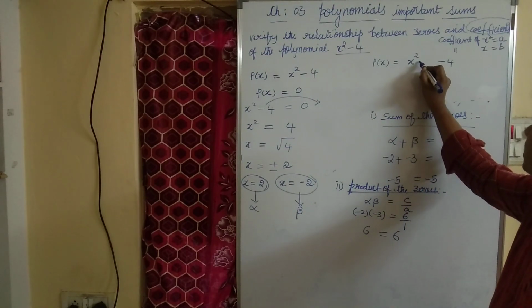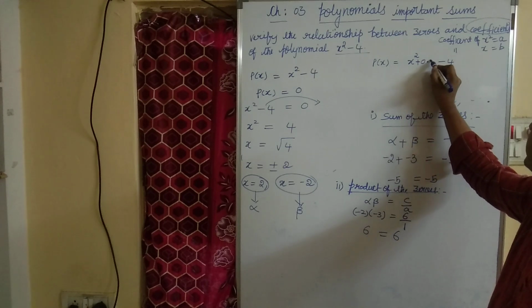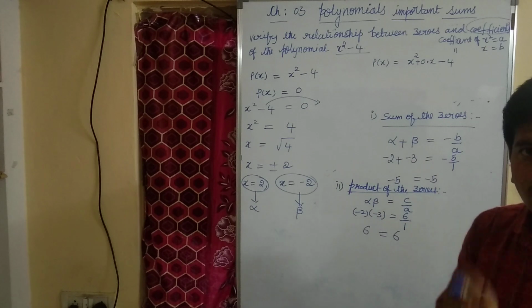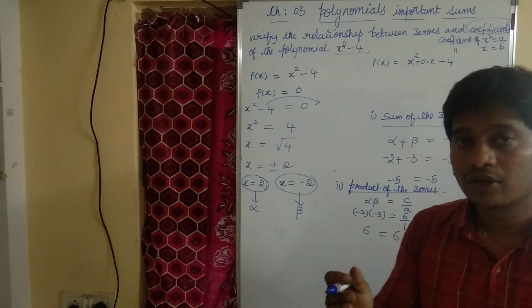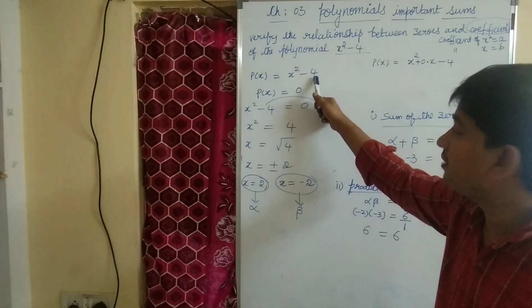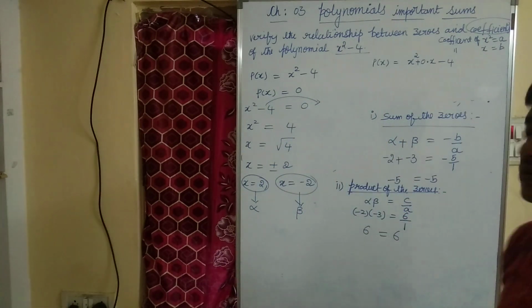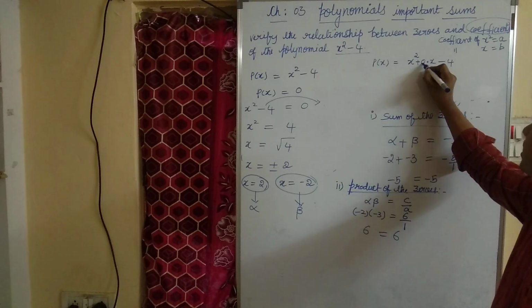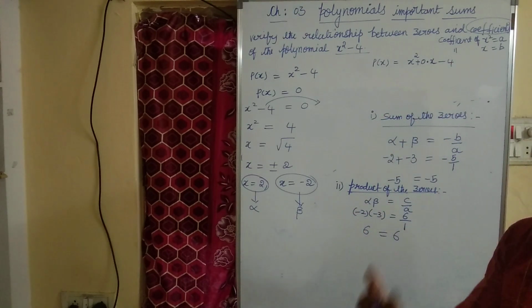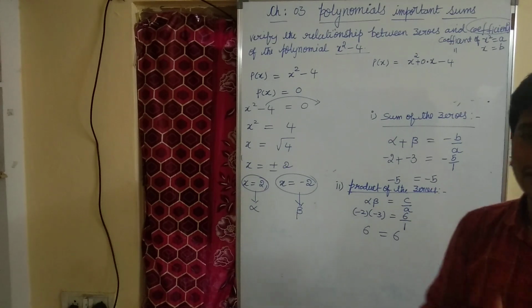So nothing in the sense I can write as 0 into x. Yes or no, children? Here we have the x square coefficient and then it should be the x coefficient, but there is no x coefficient at all here. Directly we have the constant term. So nothing in the sense I can write as 0 into x. As per our convenience, we can write like that.